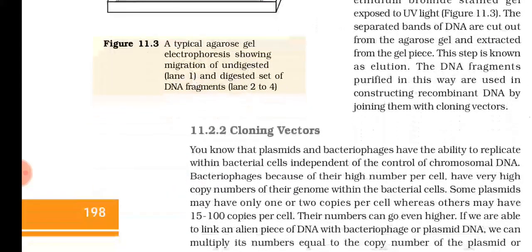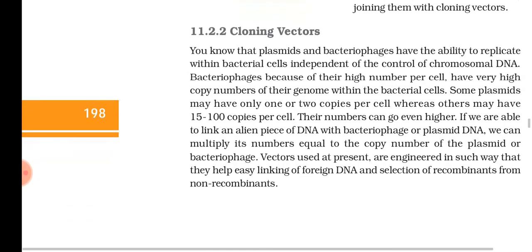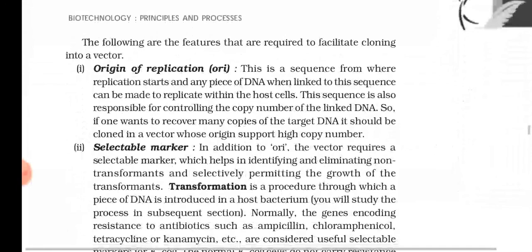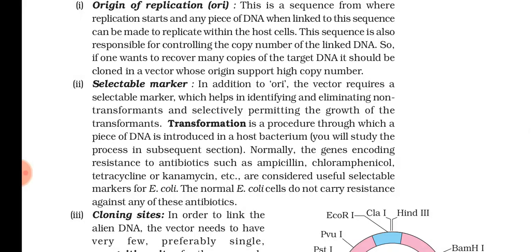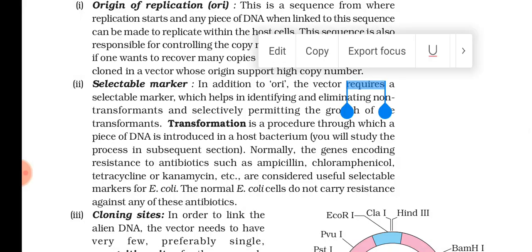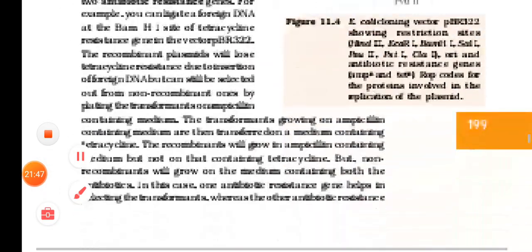Next we studied cloning vectors, which are used to send the foreign gene into the host cell. We were studying the favorable features of a vector: it should have an origin of replication, a selectable marker, and preferably one cloning site. This much we have studied.